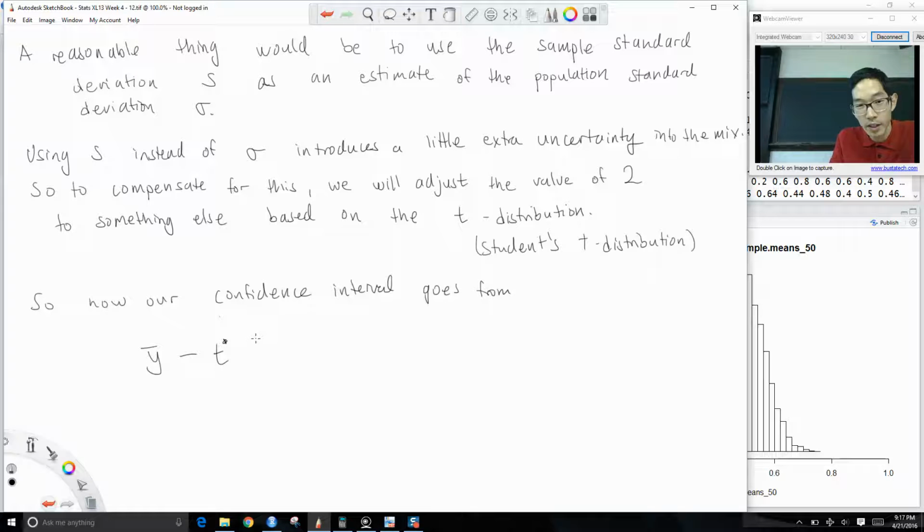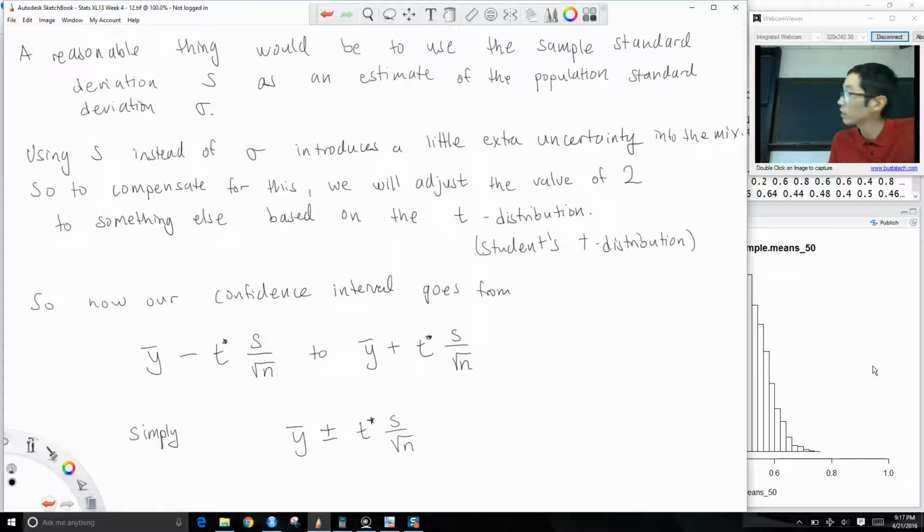And then instead of sigma, we're plugging in s divided by the square root of n, to y bar plus t star times s over the square root of n. Or a lot of times, we combine the plus and the minus. We just say y bar plus or minus t star times s over the square root of n.